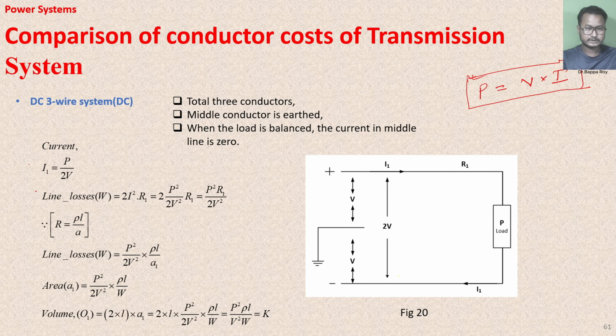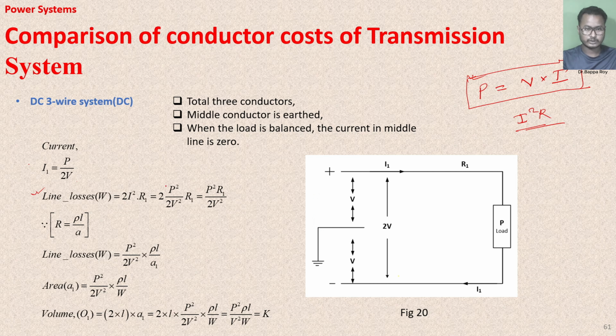Then line losses. Loss is I square R. Here we assume the resistance is R1 for each of the two outer conductors, and the middle conductor we will not calculate.